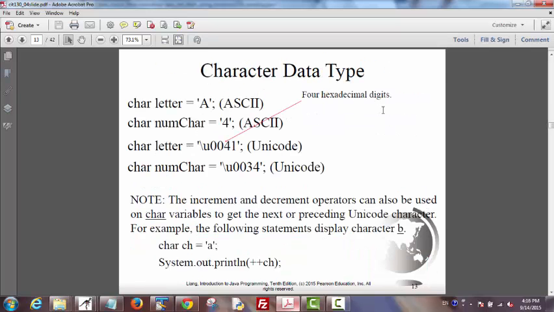Okay, character data type. Essentially, a character data type is anything that stores only one character. So when you say char letter equals A, we're actually storing the single character A. In this case, we're storing the number 4. Again, all Java cares about is one single character.